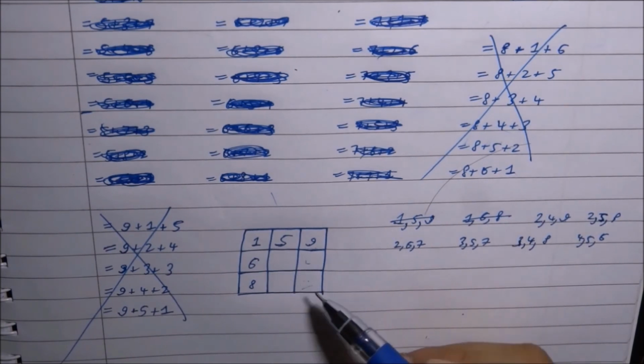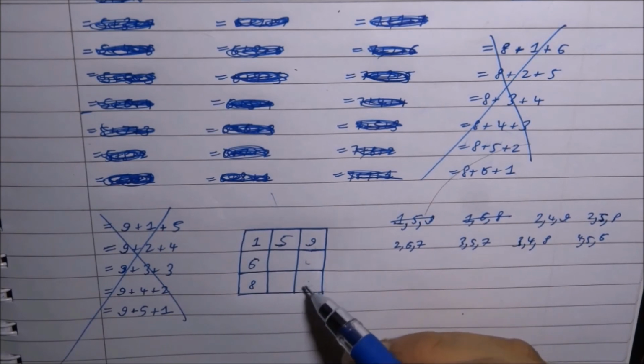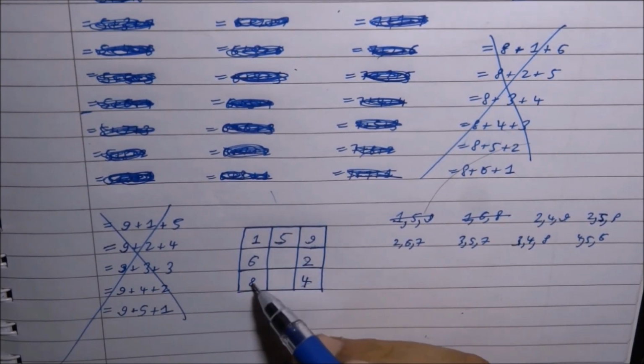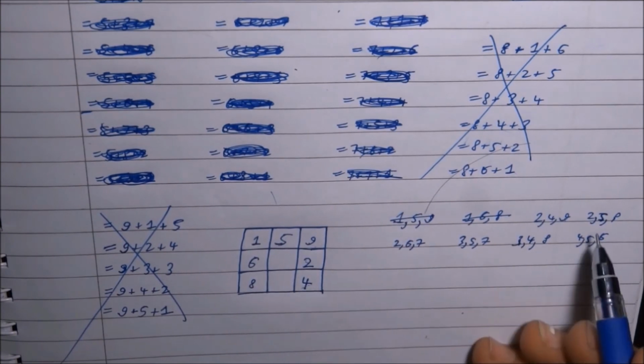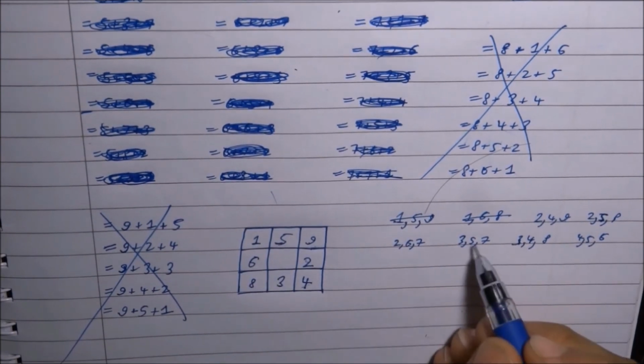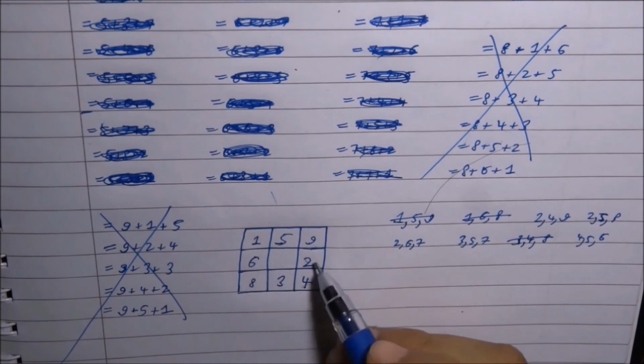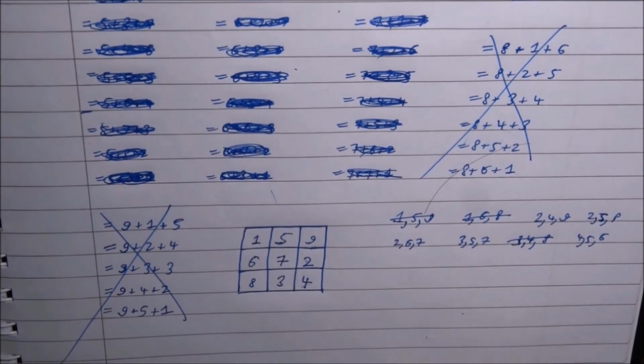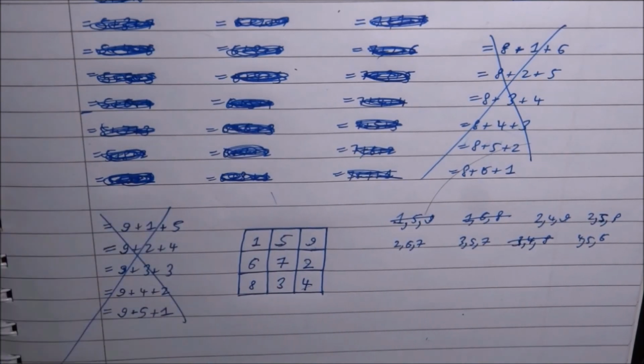So now I'm using things that we use in Sudoku. So this will be a 2, this will be a 4. Now what was the thing we have with 8 and 4? We have 3, so 3 will come here, and 6, 2, 7. That's it. That's the magic square.